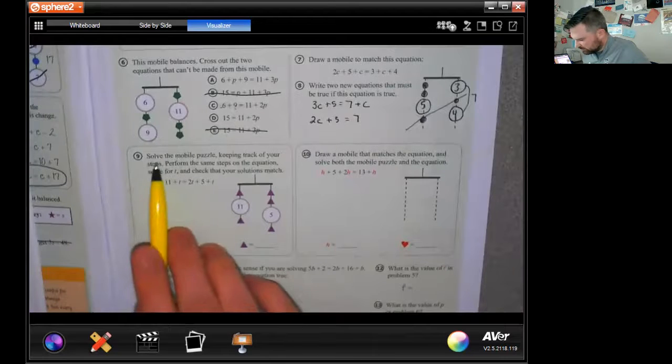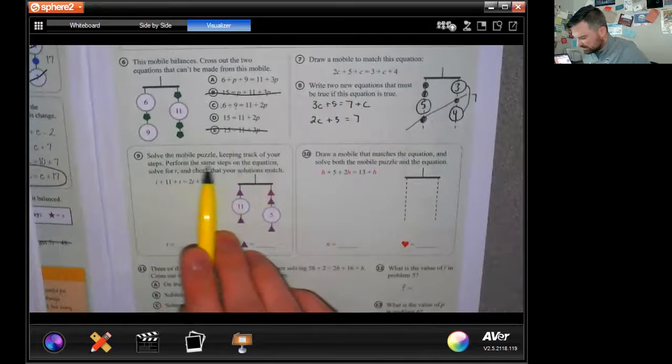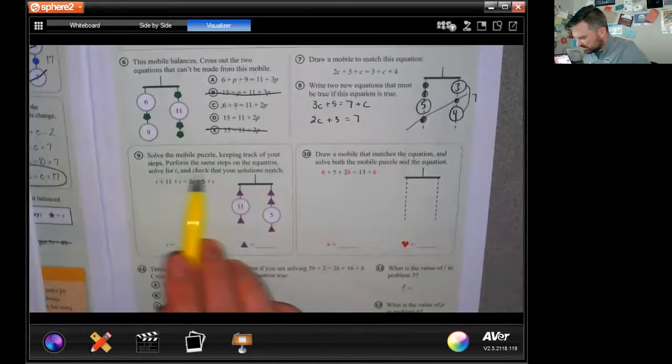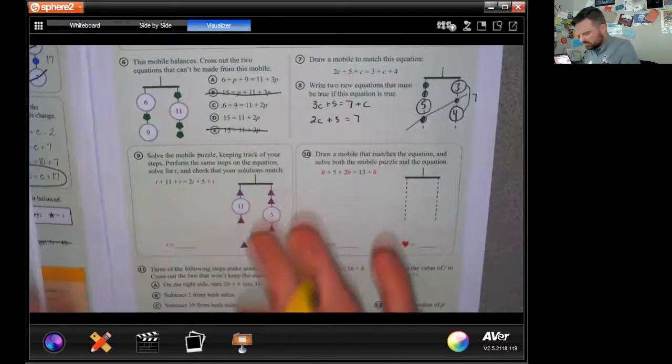Okay, so solve the mobile puzzle, keeping track of your steps. Perform the same steps on the equation, solve for t, and check your solutions to match. Okay, so we're going to solve this and show our work over here on the mobile.